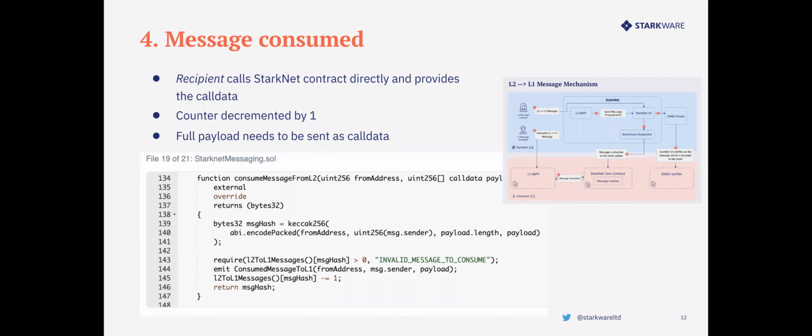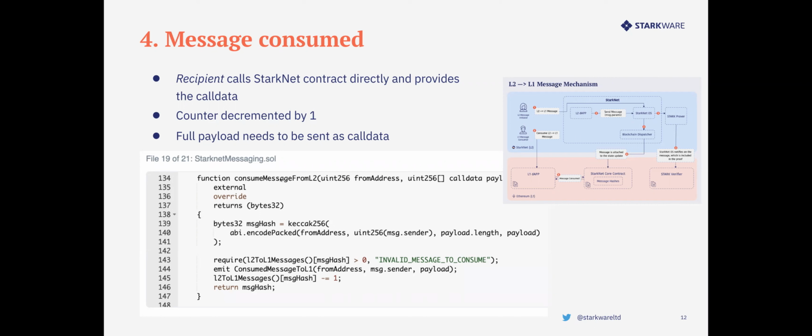But on L1, the transaction is not executed automatically. It needs to be consumed. It can be consumed only by the contract that it was sent to, but anyone can send the message to initiate the consumption unless the contract states otherwise.